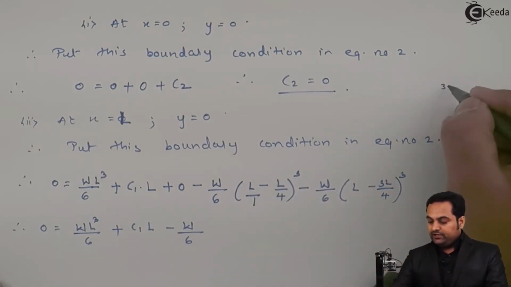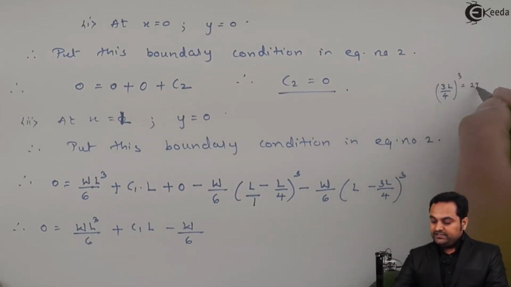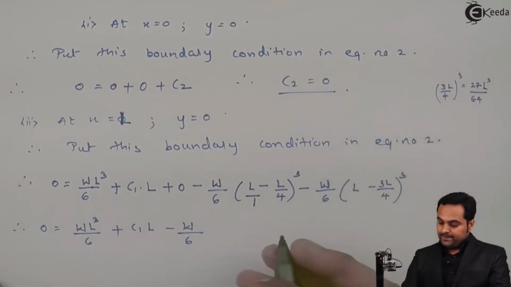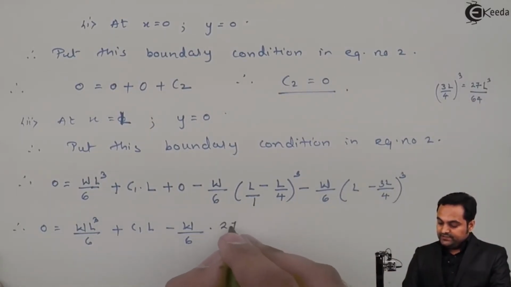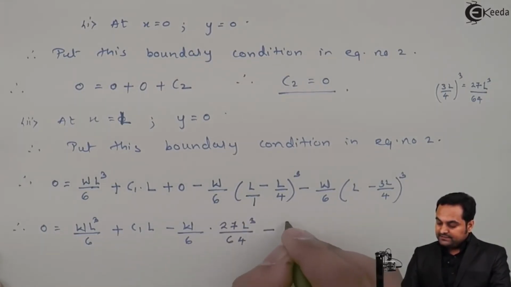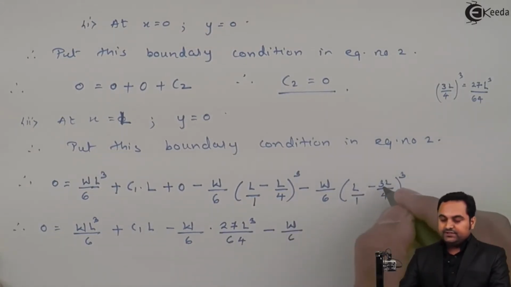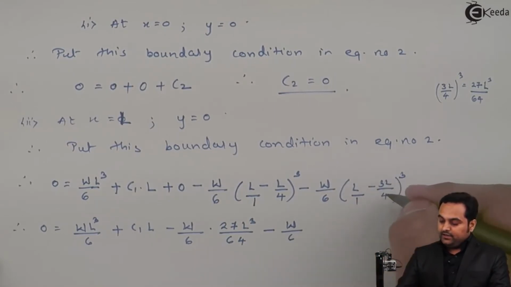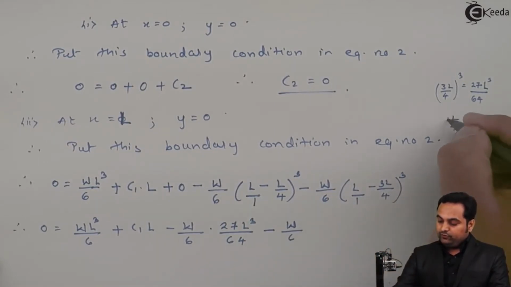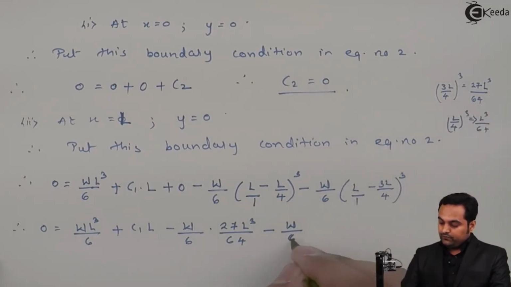So the cube of 3L by 4 will be 27 L cube upon 64. So I'll write directly 27 L cube upon 64 minus W by 6. Here this will be 4L minus 3L, which is L upon 4, so L upon 4 and cube. So this is L cube by 64, so into L cube by 64.